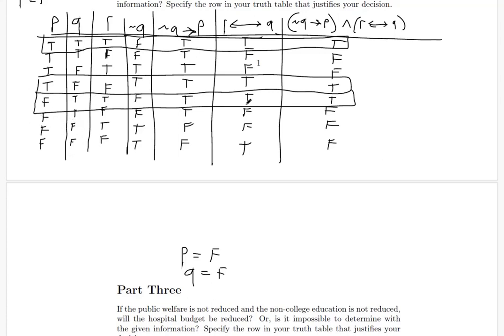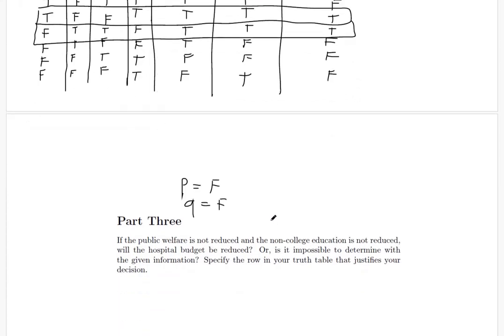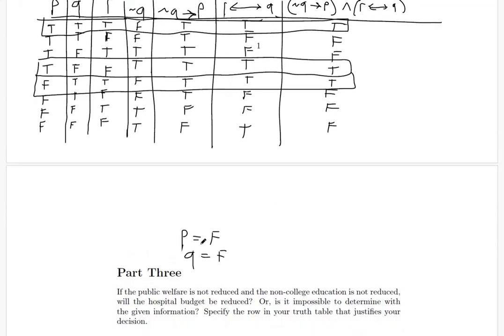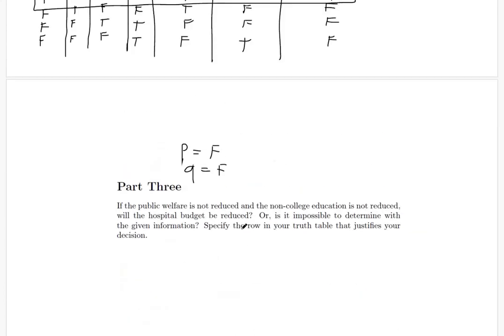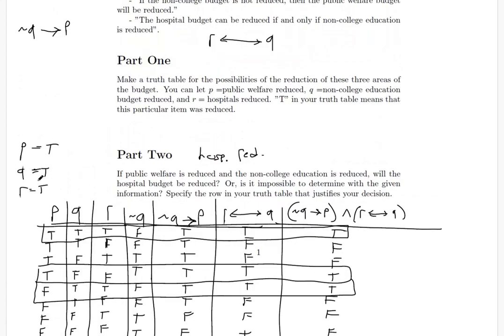And we didn't have those rows highlighted because one or both of the board's conditions are not met for these two rows. So this is a situation where I'd say it's impossible to determine if the board's conditions are violated when public welfare is not reduced and when non-college education is not reduced. Okay, so that's one where it'd be impossible to determine. So don't assume that either part two or part three is not possible. They both might have exact answers, like when we found R is true, that hospitals are reduced.